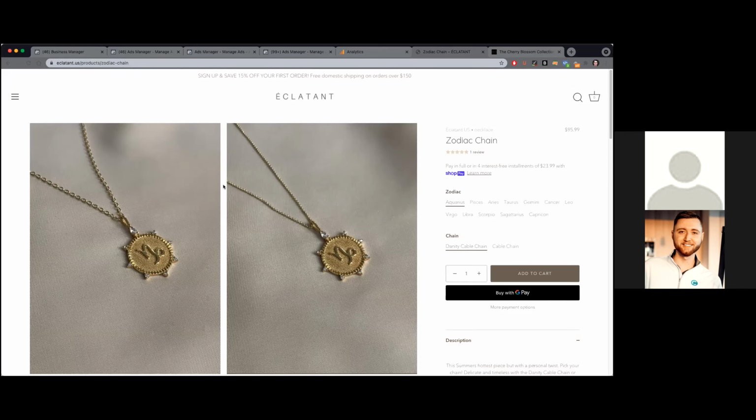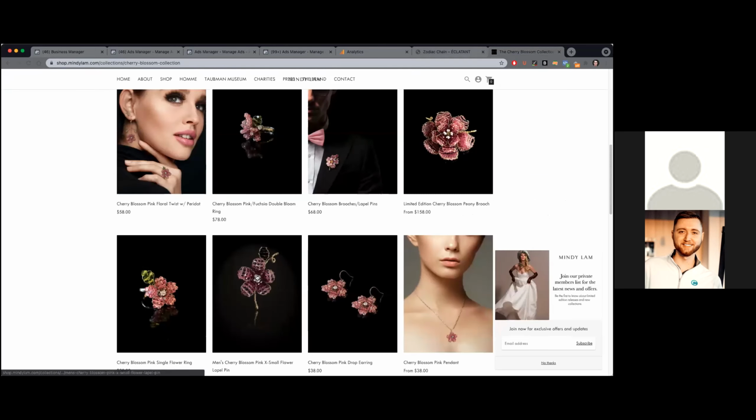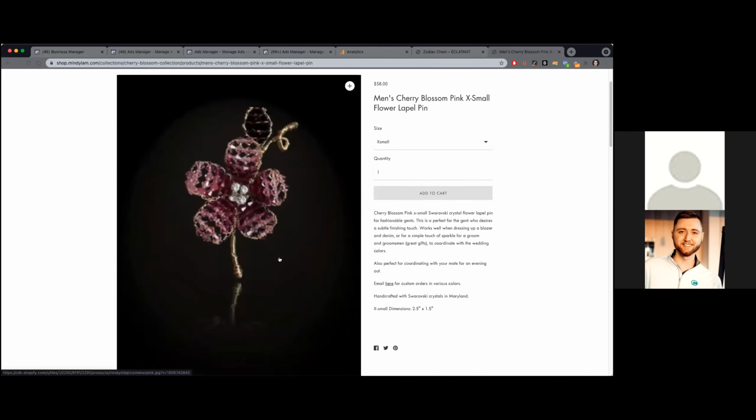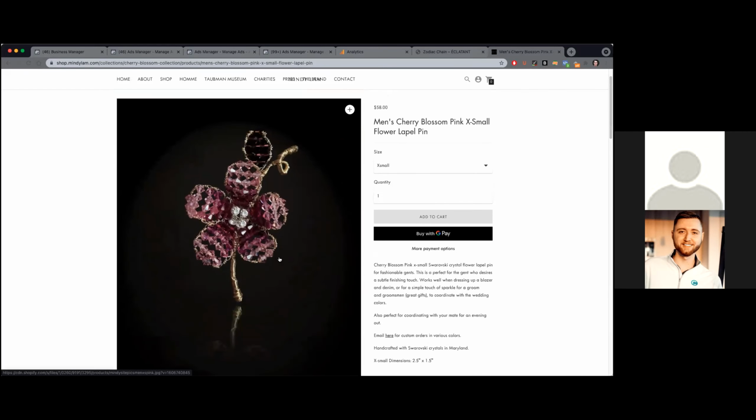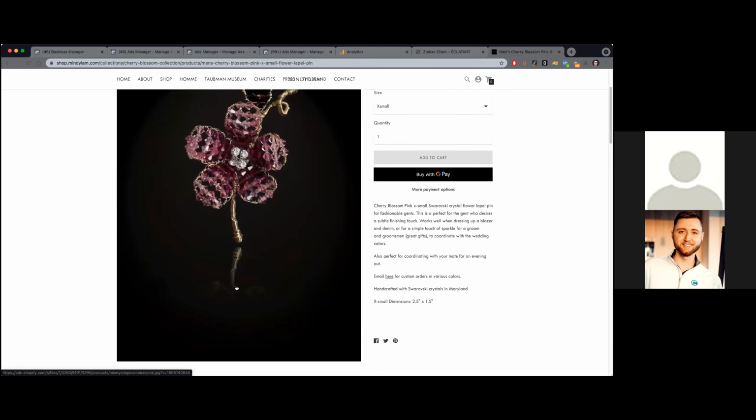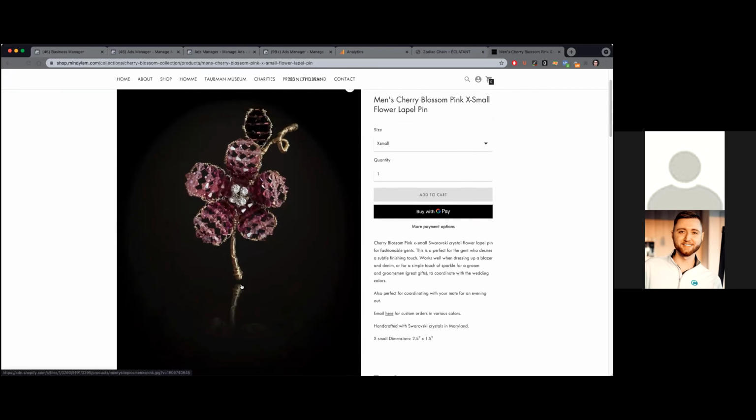If you measure this, it's probably 17 to 22% of the image. It should be taking up like 80%. Here, if we were to measure this, it's probably 70-80% of the image, and everything else is black, so it doesn't distract you from the product itself.